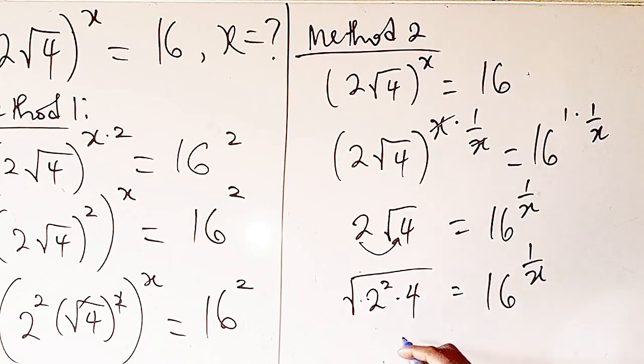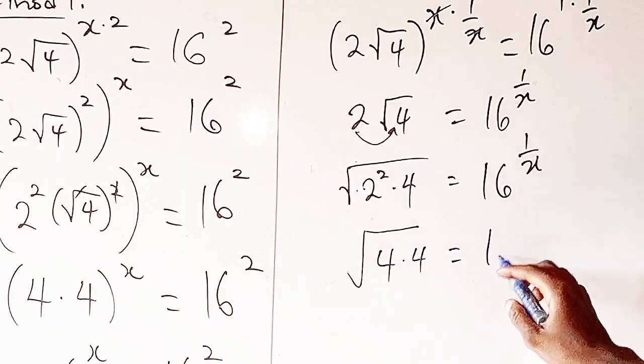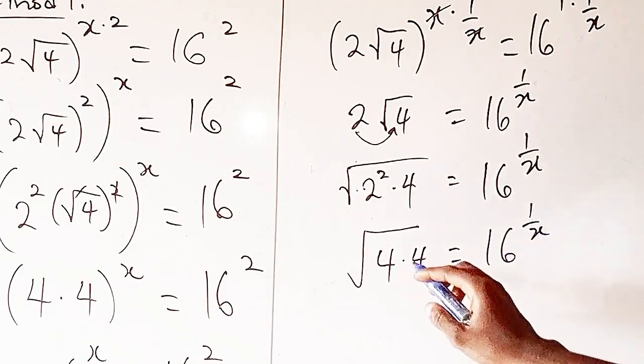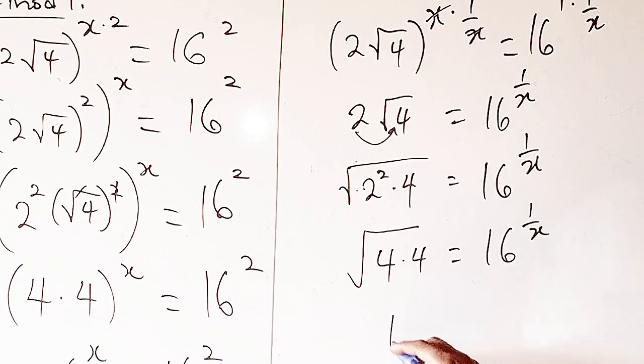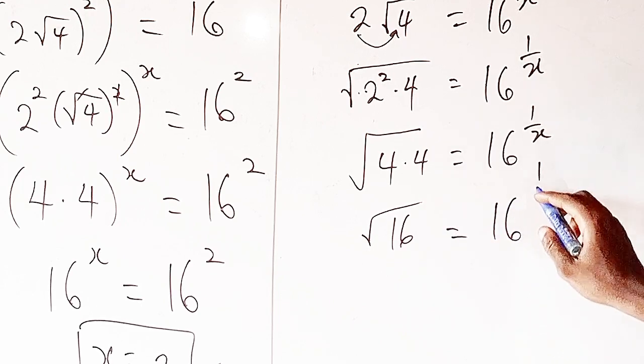So here is going to be 4 times 4 equals 16 to the power of 1 over x. And 4 times 4 is going to be 16, so the square root of 16 equals 16 to the power of 1 over x.